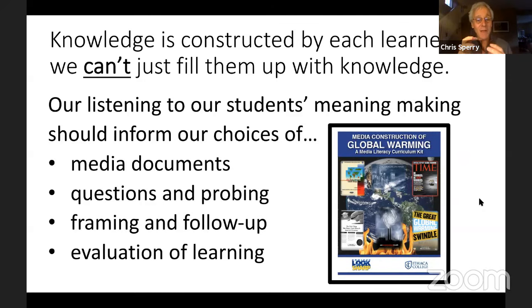We need to pick media documents and choose questions and probe where our students have disequilibrium in their understanding, where they're at the cusp of understanding something. And we can help them move forward by having them talk with each other in dialogue, choosing students who have a little more complex way of explaining to other students and have them talk back and forth around these issues.